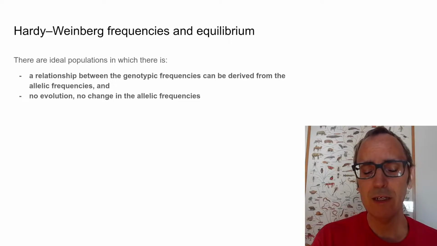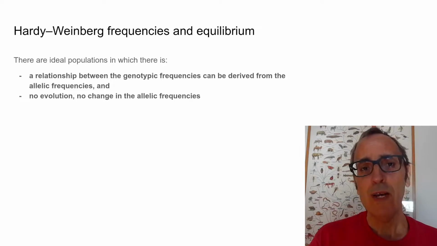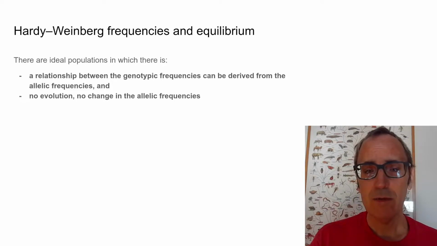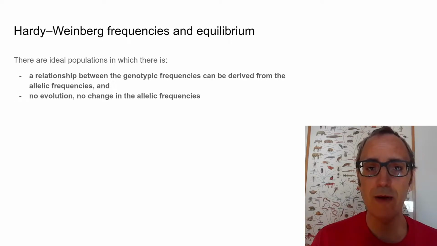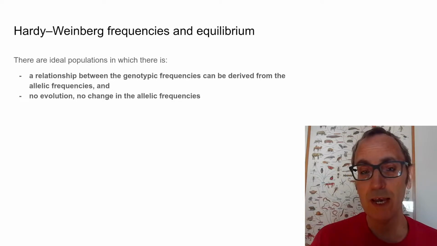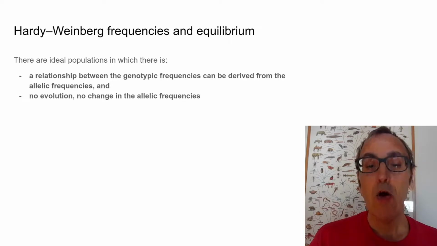Remember that in the general case, if we have the genotypic frequencies, we can always calculate the allelic frequencies because it's very easy to count how many alleles there are in each genotype. But in the general case, when we have the allelic frequencies, we cannot infer the genotypic frequencies, okay? But there are certain ideal populations in which we can do that. Also, in these populations, there will be no evolution. That means that there will be no change in the allelic frequencies.